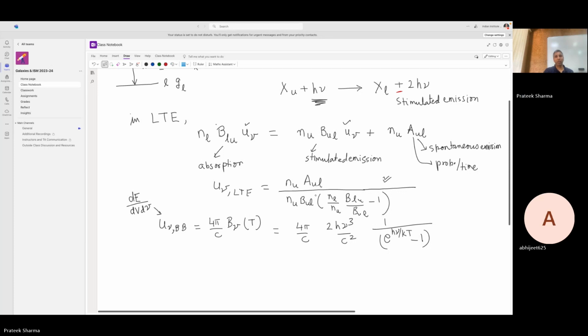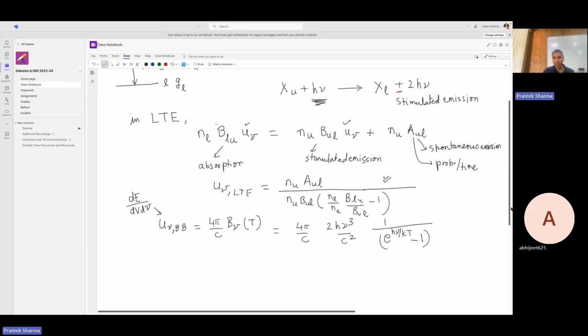So the ratio of these coefficients should be such that you get this function. This is the whole idea of detailed balance, that you can get the relation between forward and backward reaction rates and cross sections by demanding that it reaches the distribution function in LTE.